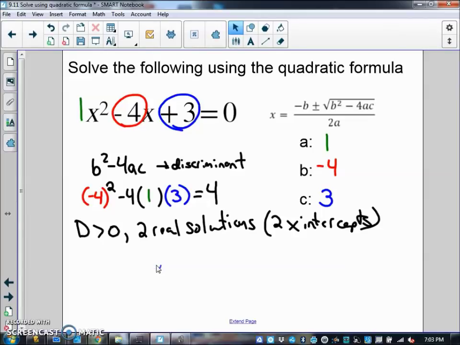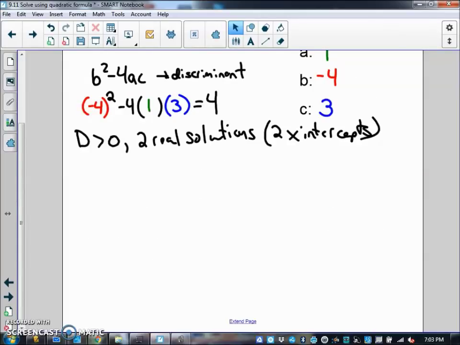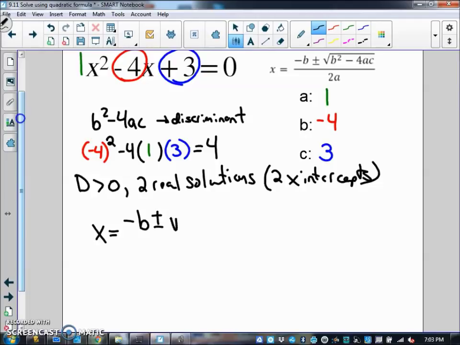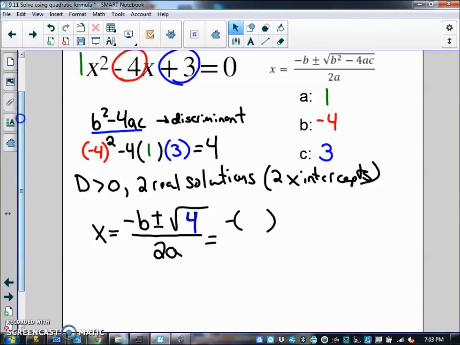From there, I'm going to go ahead and complete the rest of my quadratic formula. So I will have x is equal to negative b plus or minus the square root of 4. Again, this is our discriminant. So our square root of 4 all over 2 times a, which is going to be negative, and I'm going to put my b value in parentheses.